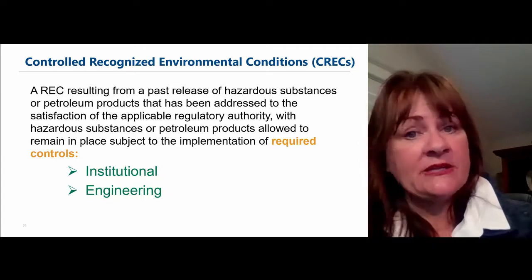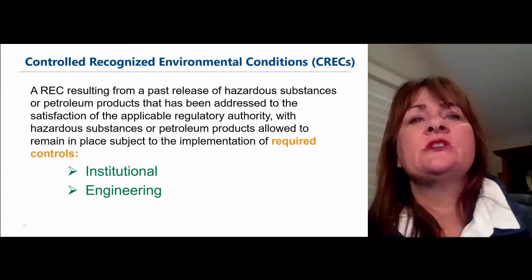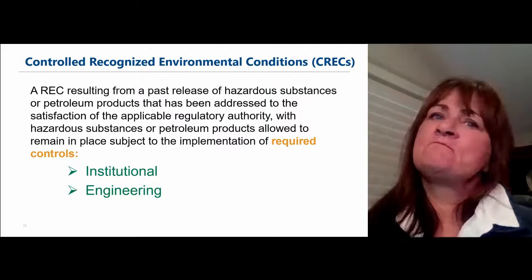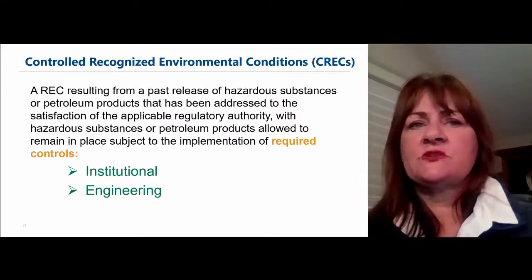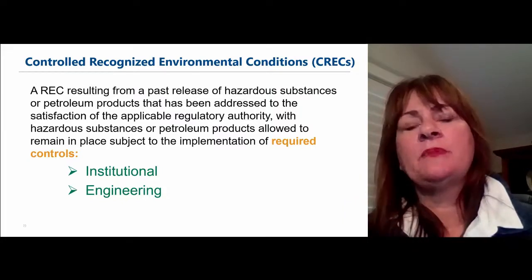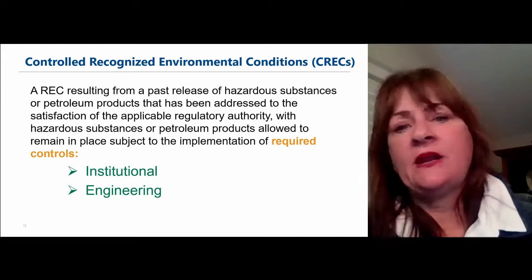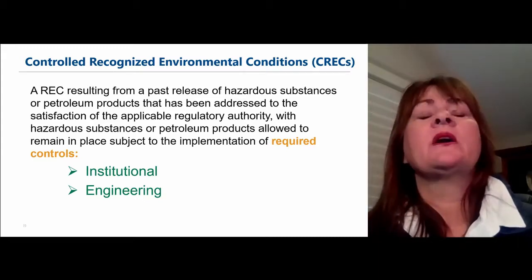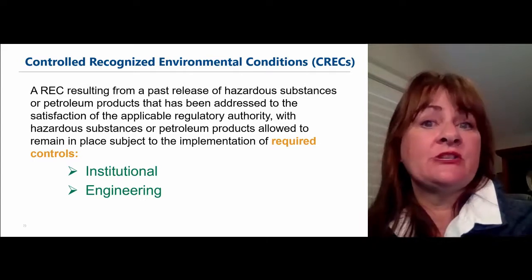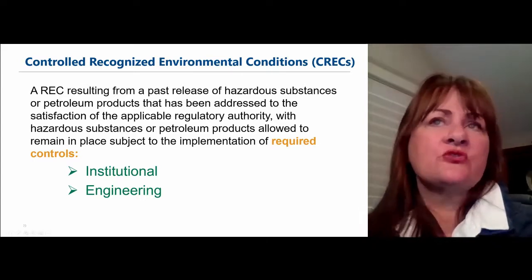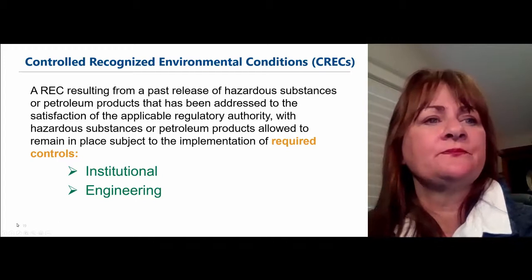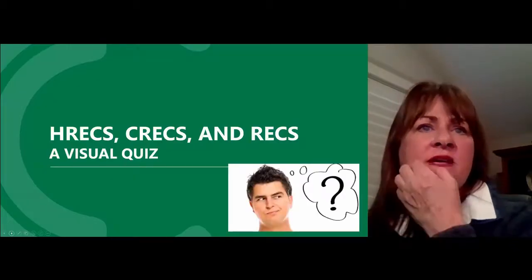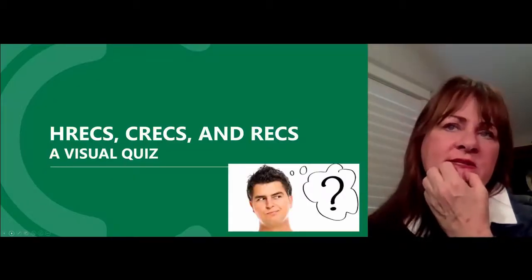That would be an institutional control. An engineering control could be something like, we've got some soil contamination, we're not going to dig it up. We're going to put an asphalt cap on it and use the area as a parking lot. That would be an example of an engineering control. And those are controlled environmental conditions. So those are the three definitions of RECs, HRECs, and CRECs.